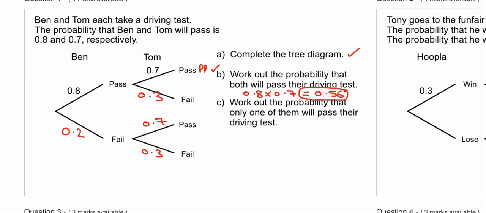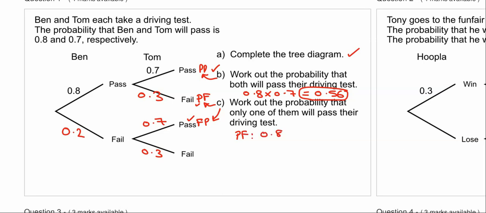Work out the probability that only one of them will pass. So that's going to be Ben passing and Tom failing. I'll put a little line up there to say that's the one we want. Or either Ben failing and Tom passing. So these are the two paths I want. So let's go for the pass fail.